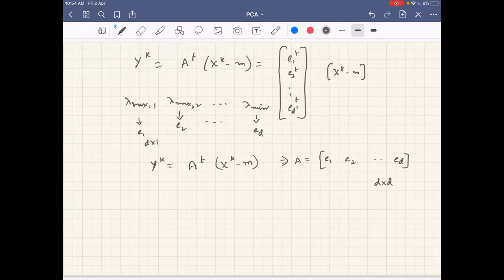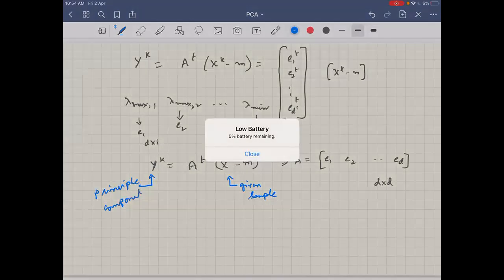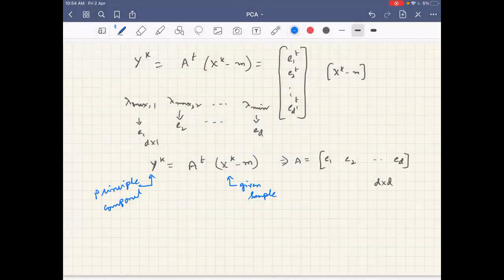What is happening here? These are the given samples, and y_k is the principal component vector.